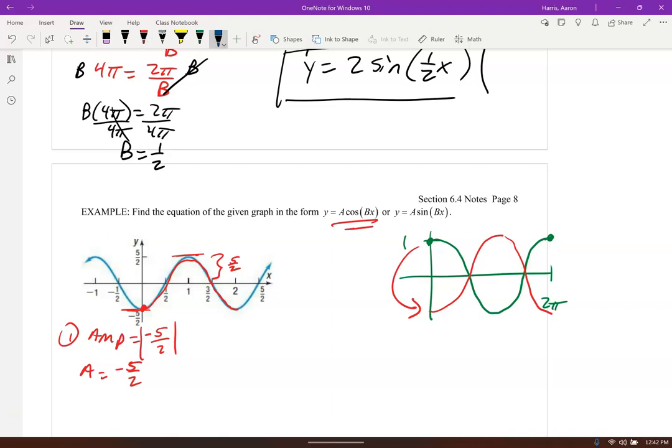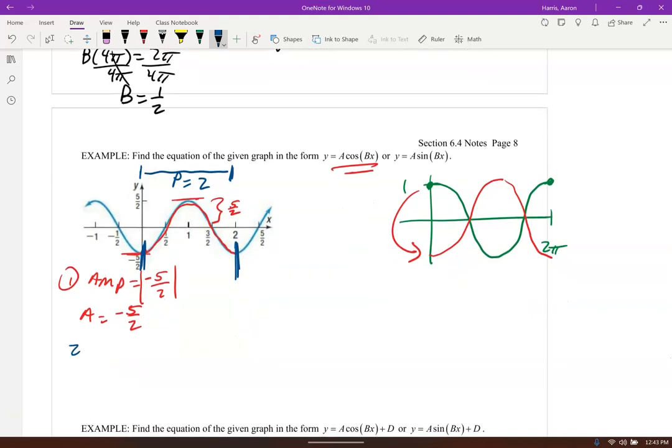Then the second thing you want to look at is how long it takes to do a period. Looks like the period here is 2, from 0 to 2. Since I know the period is 2 pi over b, and my period is 2, let me multiply both sides by b, so I have 2b equals 2 pi.